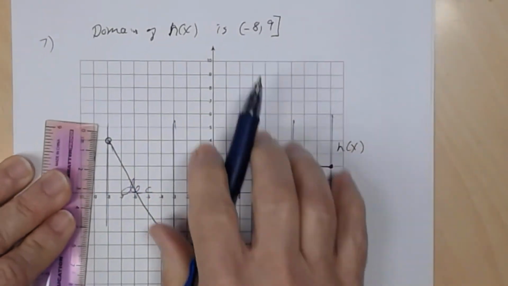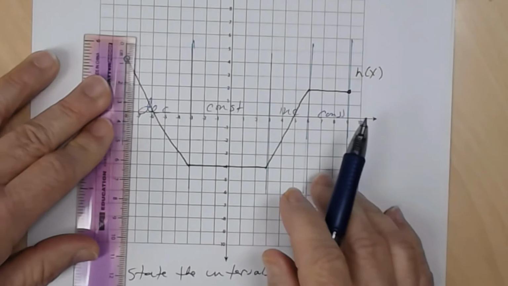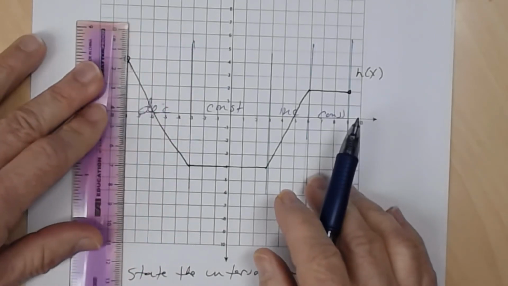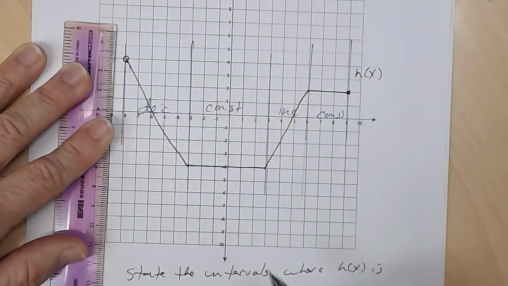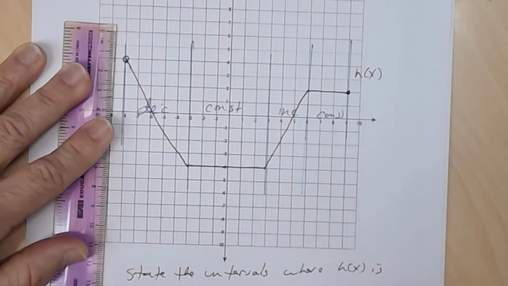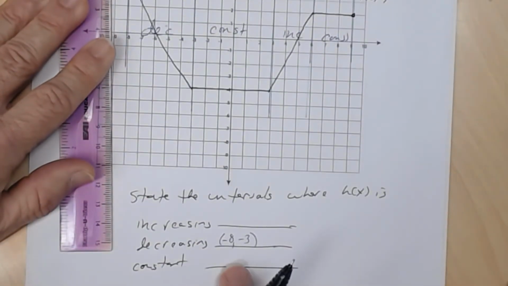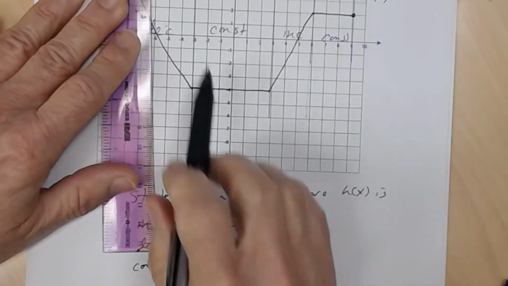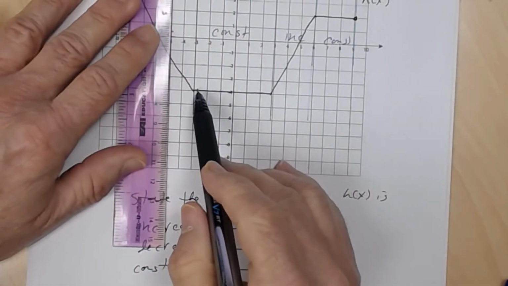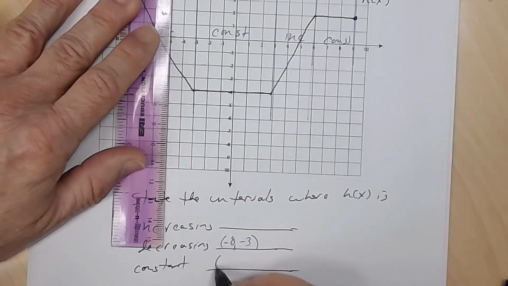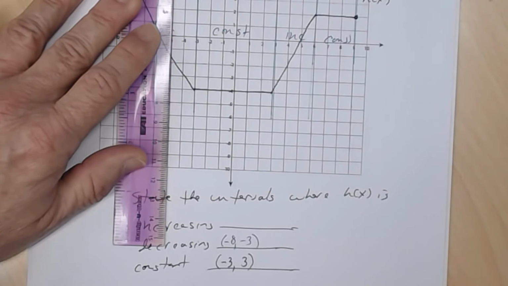Remember, your domain starts at -8. So from -8 to -3, what are your y values doing? Decreasing. So I'm going to go ahead and write that out. So parentheses -8 to -3, right? Okay, right here. And then from -3 to +3, what are your y values doing? Constant. So from -3 to +3, my y values are constant.